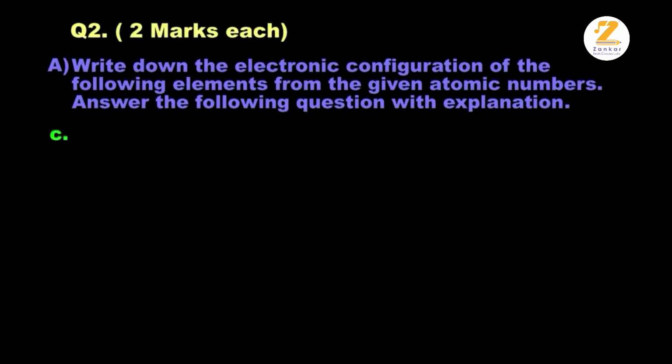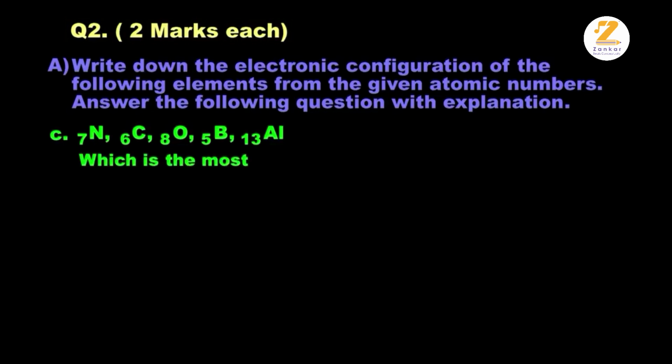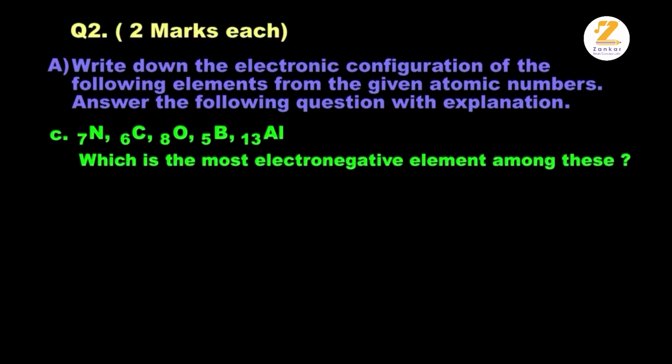Next is nitrogen 7, carbon 6, oxygen 8, boron 5, aluminum 13. Which is the most electronegative element among these?